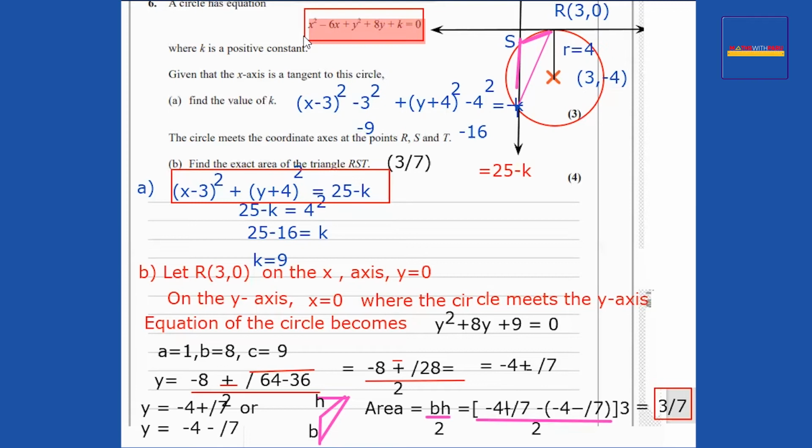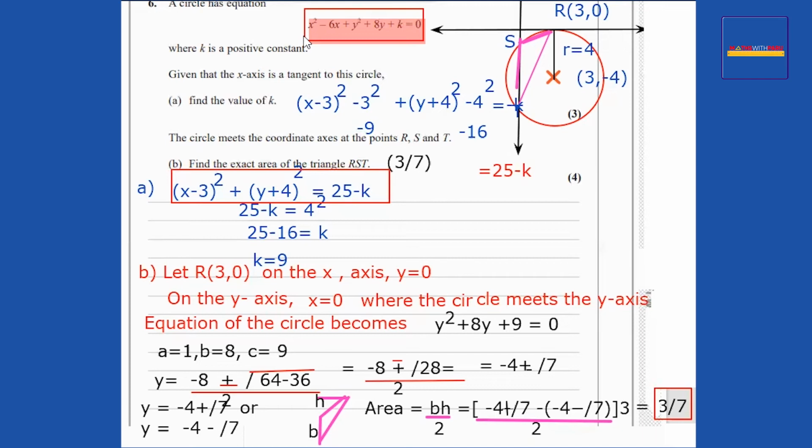For that, A is 1, B is 8, C is 9. Using the quadratic formula, we have minus 8 plus or minus the square root of 8 squared minus 4 into 1 into 9, over 2 times 1. So we end up with 64 minus 36 under the square root sign. We simplify it: minus 8 plus or minus root 28 over 2 will give us minus 4 plus or minus root 7.